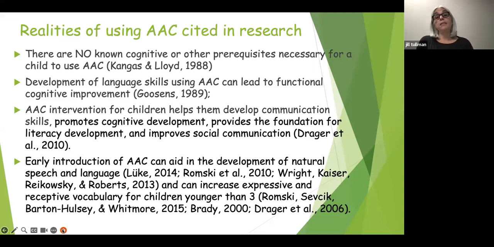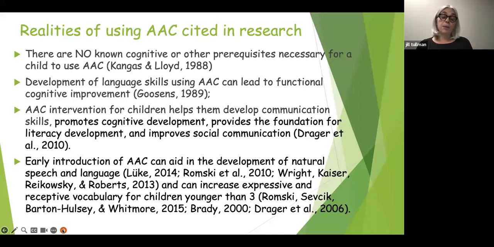What we do know is that development of language skills using augmentative communication can lead to functional improvements in cognition, and that AAC intervention for kids helps them develop communication. It promotes cognitive development and can provide the foundation for literacy development, and it certainly improves social communication.